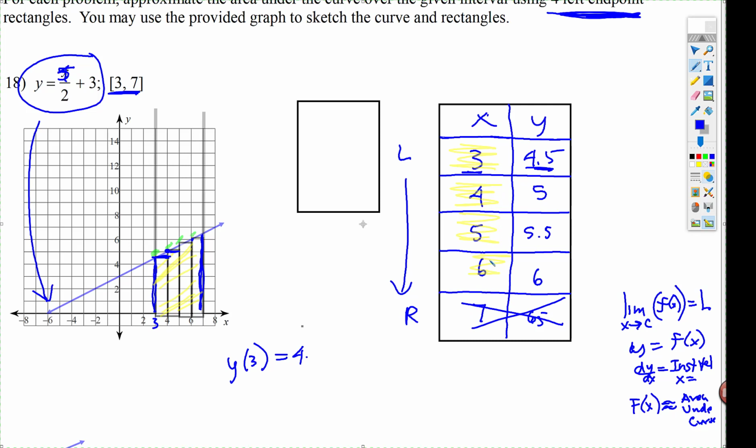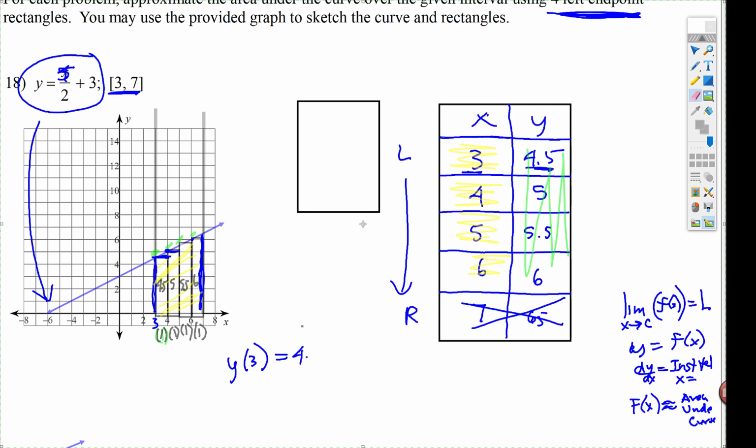Well, look at what we have now. We have heights, and we have widths. Each one of those widths is 1, and the heights are 4.5, then 5, then 5.5, then 6.